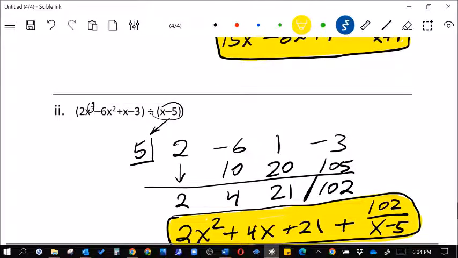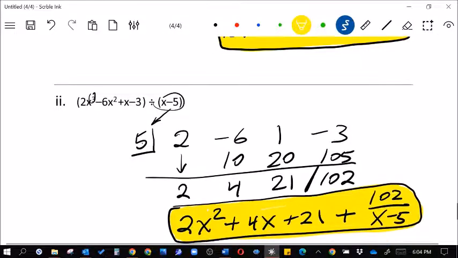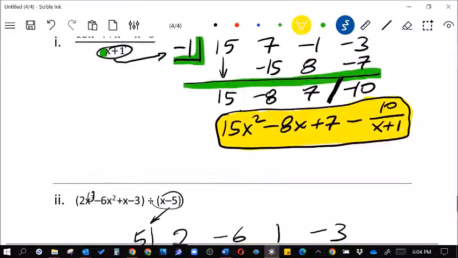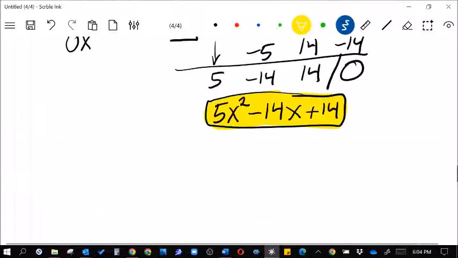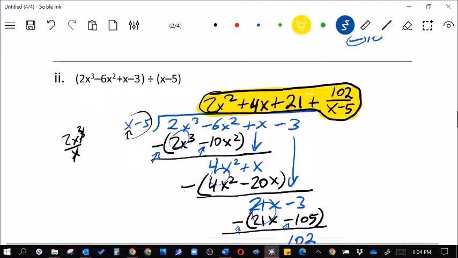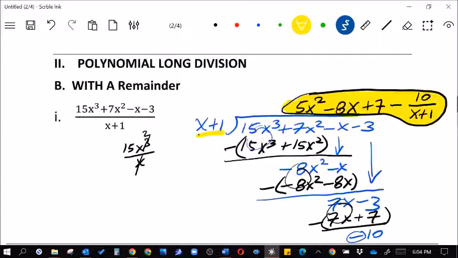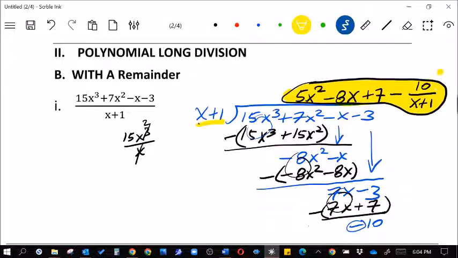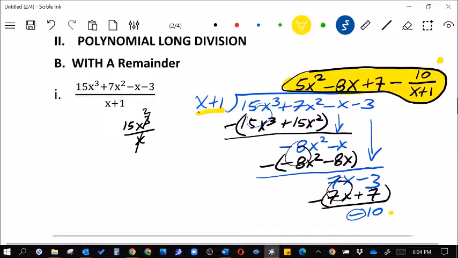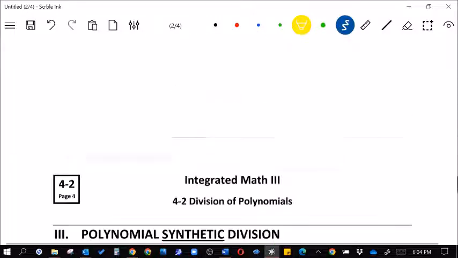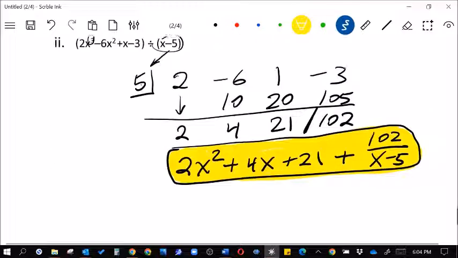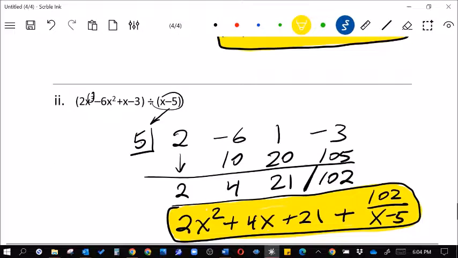I just didn't do it with the one that had a coefficient of 2 on the x in the divisor. So let's go back up and see some of those. Here's the one with 102. Here's the one with minus 10 as the remainder. So let's come back down to that last one. And so you see, it can be a faster process if you follow all the steps and rules for it.